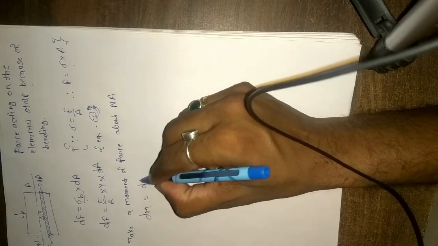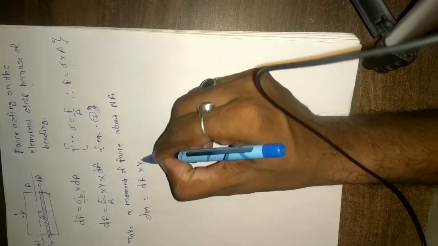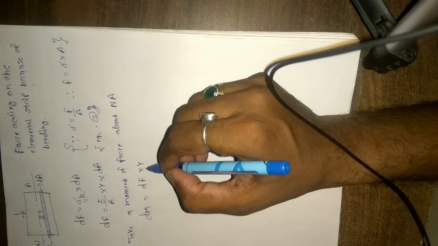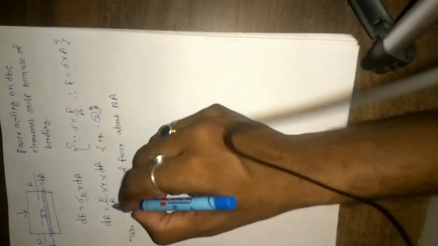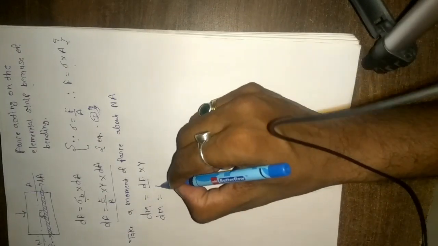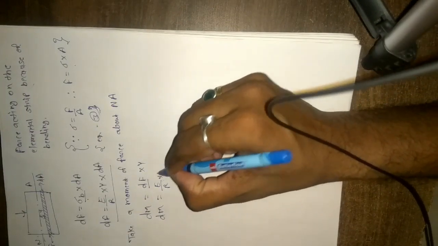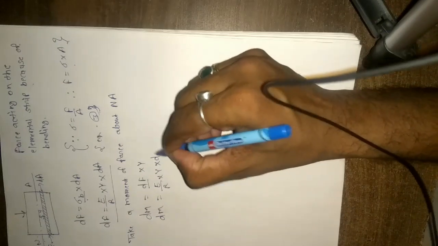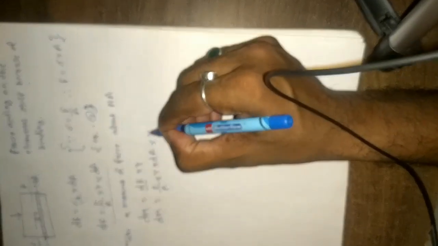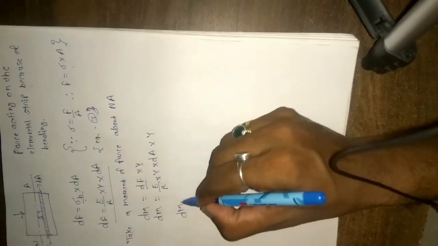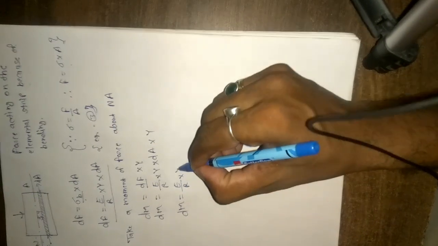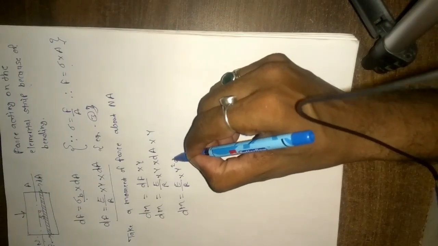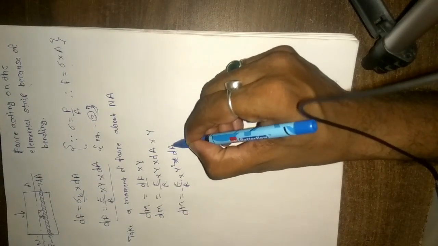So dM equals dF into y, means force into length. dM equals E upon R into y into dA, again into y. So dM equals E upon R into y square into dA.